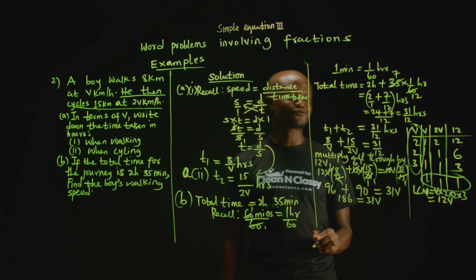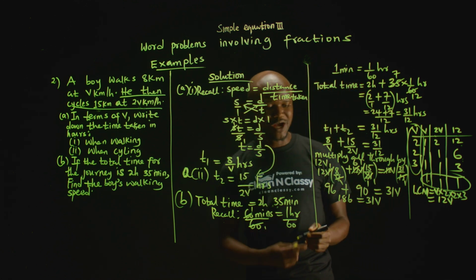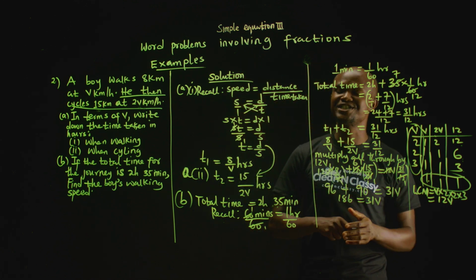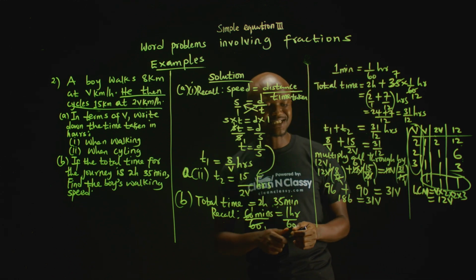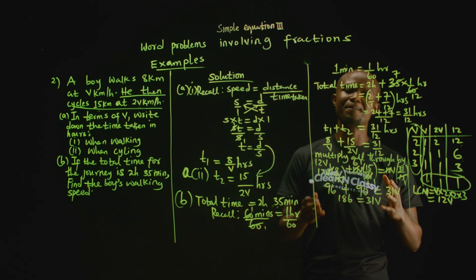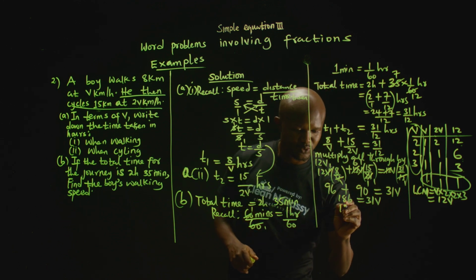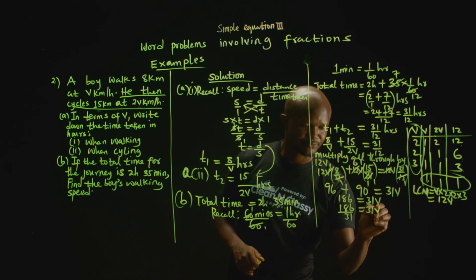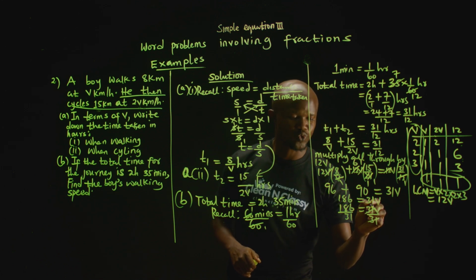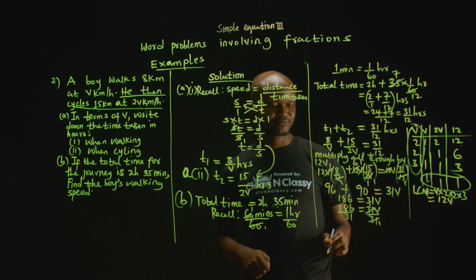Now, for us to find the value of V, we are going to divide both sides by the coefficient of V. What is the coefficient of V? It is the number in front of V, and that is 31. We divide both sides by 31. 31 here 1, 31 here 1.